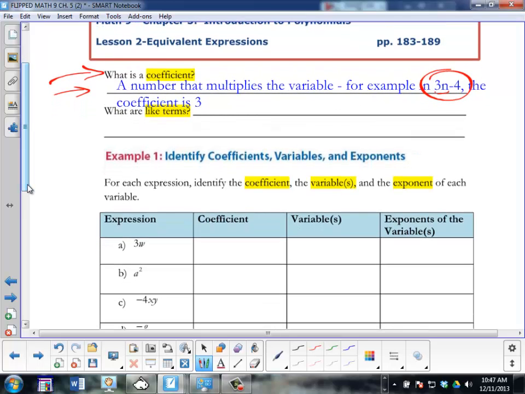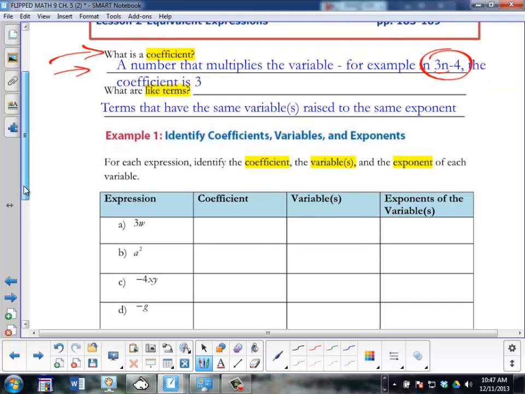Now the next thing here is what are like terms. Well, we'll put up a definition here and then we'll discuss it. Terms that have the same variable or variables raised to the same exponent. So let's think about a few examples. If we had 4x, the coefficient of course is 4, the x is the variable.